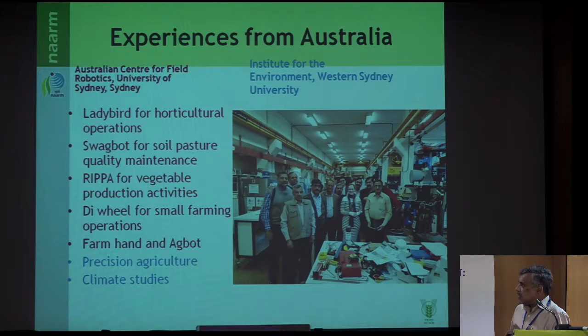Western Sydney University has wonderful infrastructure for precision agriculture and climate studies, and they are also linking with AI. If these two universities can be part of either the national higher education project or something similar, our students and scientists can go there under a collaborative program.